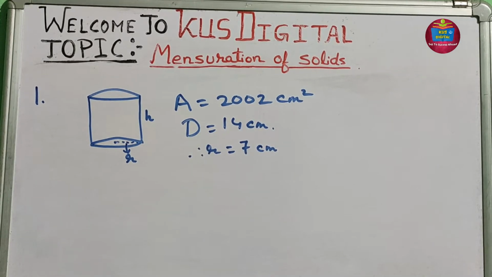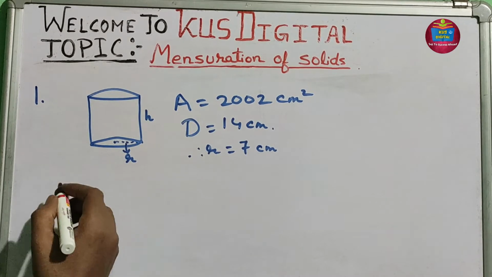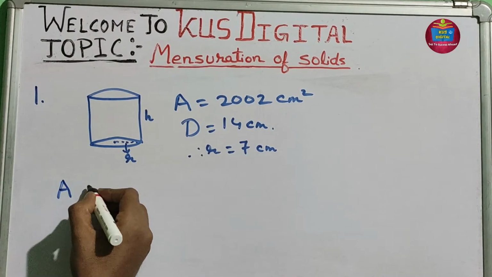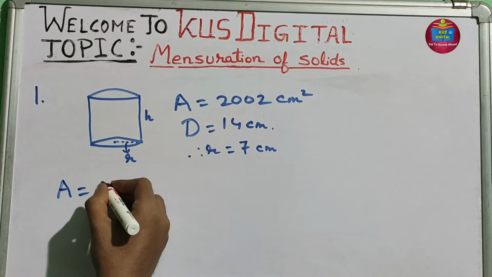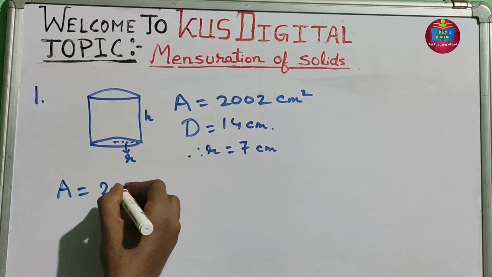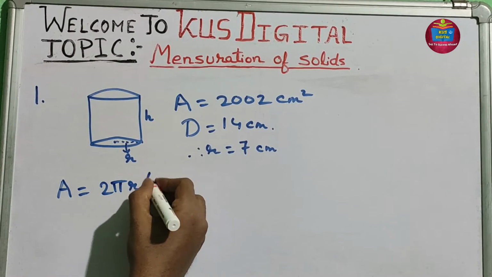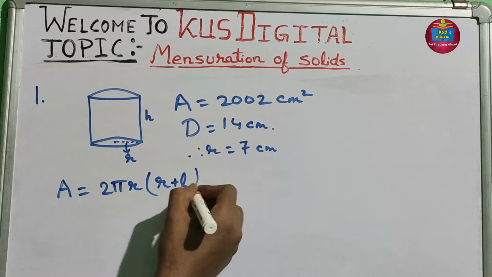Okay, now to find out the volume, we know that the whole surface area equals to how much? We know that 2 pi r into r plus l.